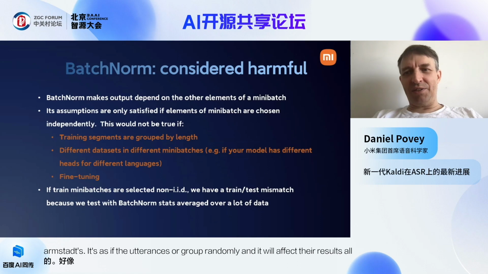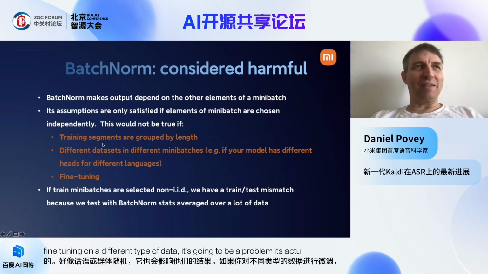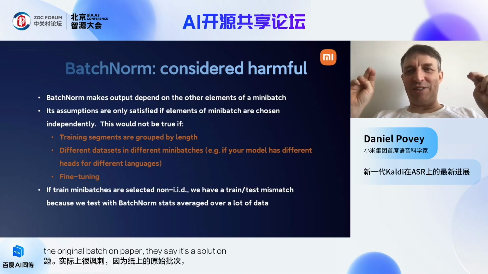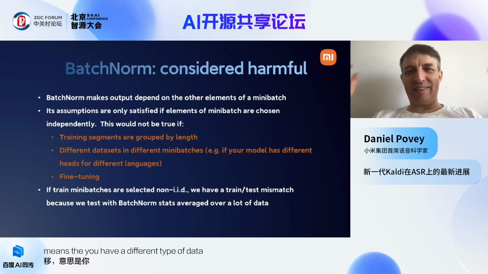Also, if you do fine tuning on a different type of data, it's going to be a problem. It's actually ironic, because in the original BatchNorm paper, they say it's a solution to covariate shift. And covariate shift just means that you have a different type of data that has a different distribution.